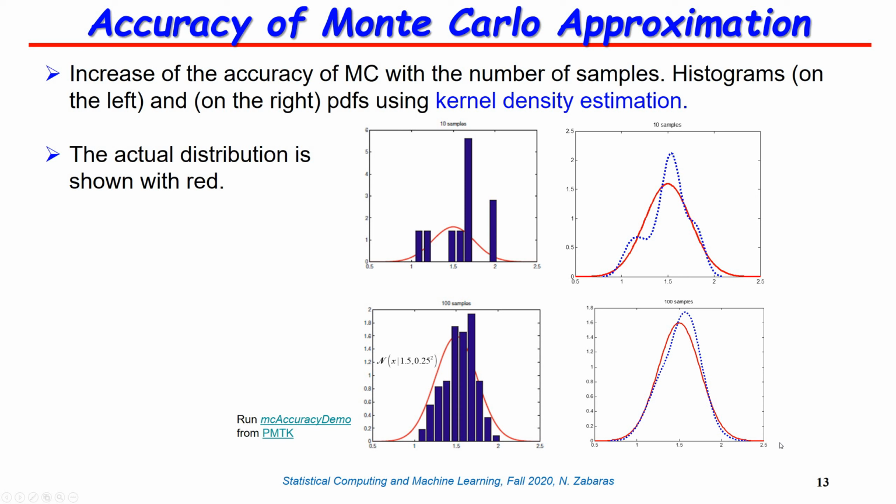But in these pictures that you see, I am not assuming that this is a Gaussian. I am fitting a density to the samples, and as we can see, the more the samples, the better that fitting is. But I am not fitting a Gaussian by simply approximating the mean and the variance. This is what we have done in earlier lectures. We're using kernel density estimation to approximate the distribution from samples directly.